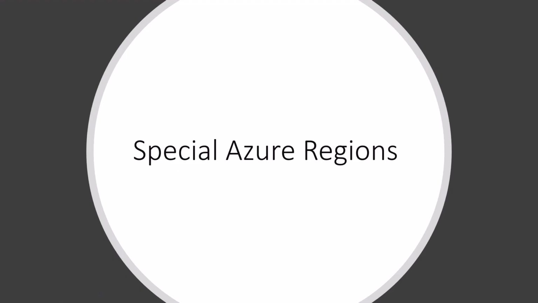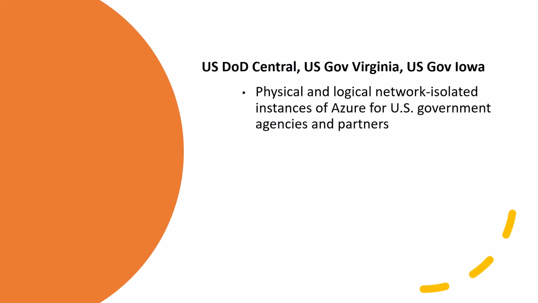Now, there are some special Azure regions as well. These specialized regions are what you would want to use when you build out your applications for compliance or legal purposes. For example, you have the US DoD Central, US Gov Virginia, US Gov Iowa, and similar regions.